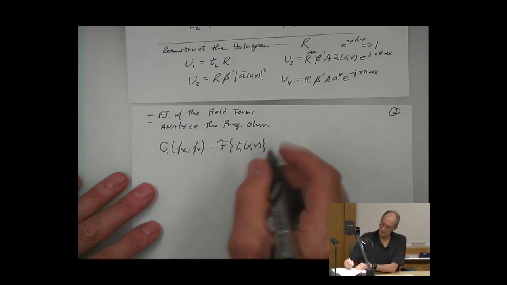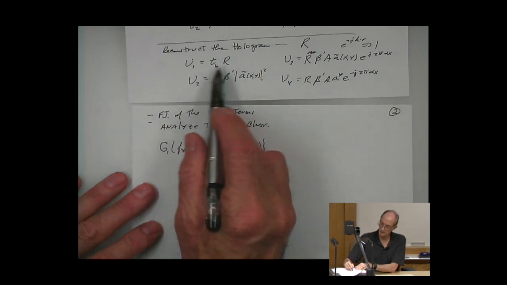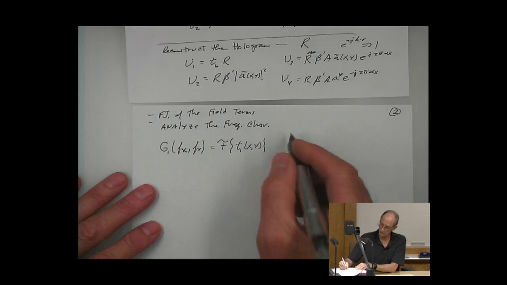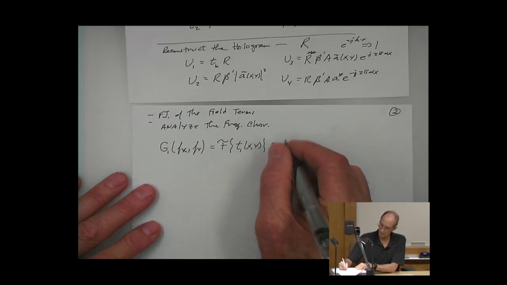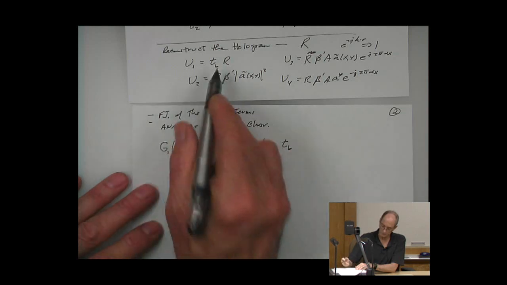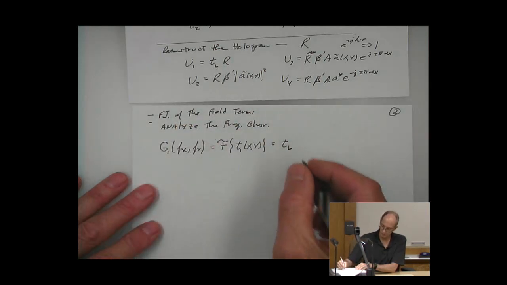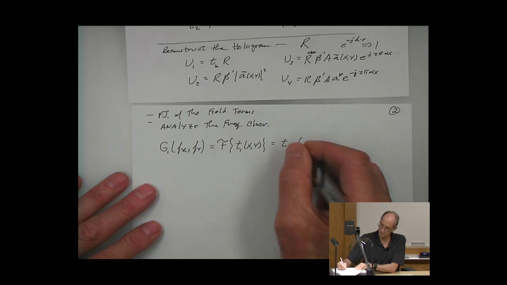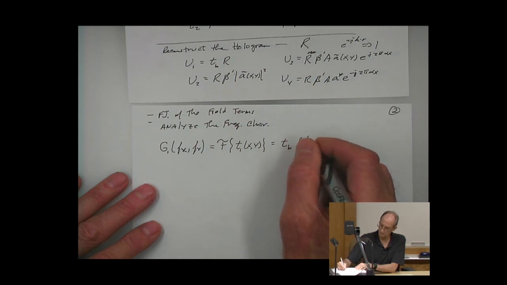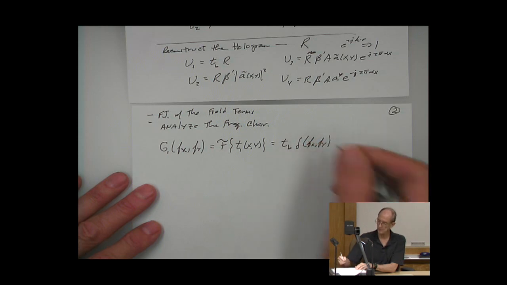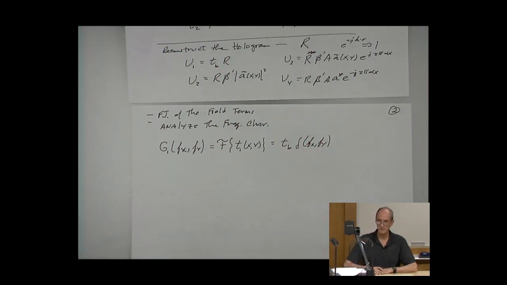And so what do we have here? We have basically a constant, right? So that's pretty easy. So then we have simply TB, which was this amplitude, and if we let r equal 1, we're just going to have TB times a delta function, f sub x, centered in our spectrum space, on the axis.